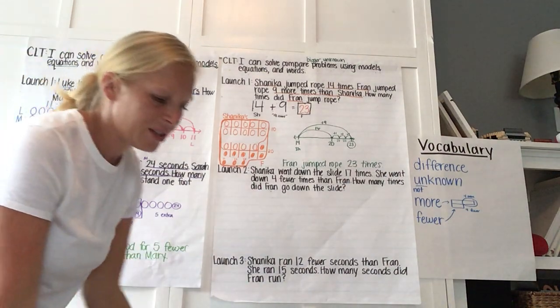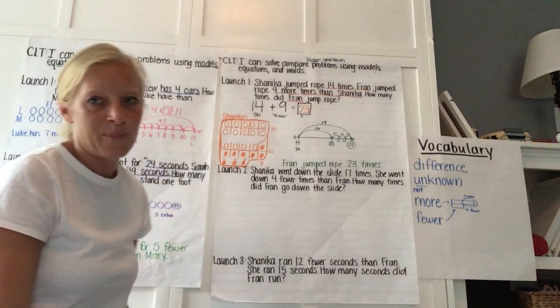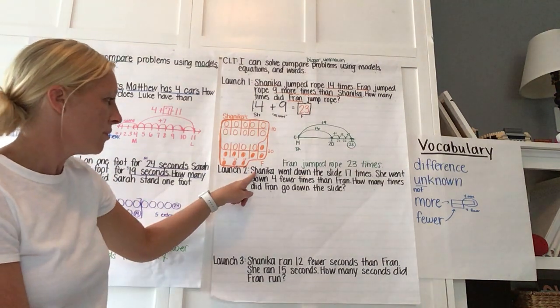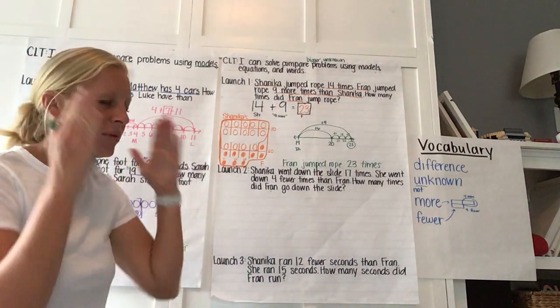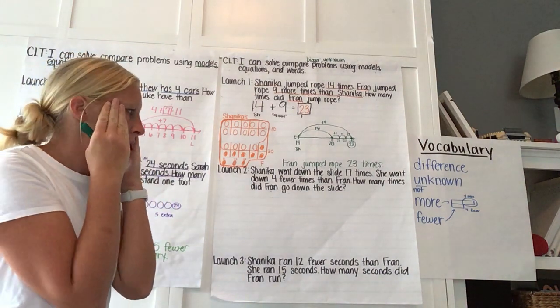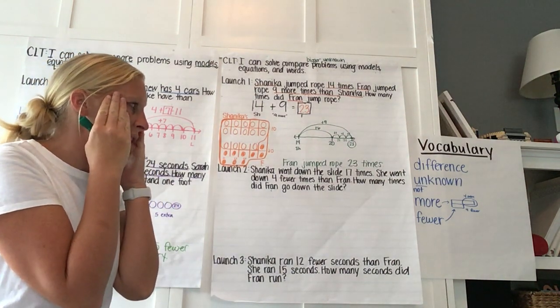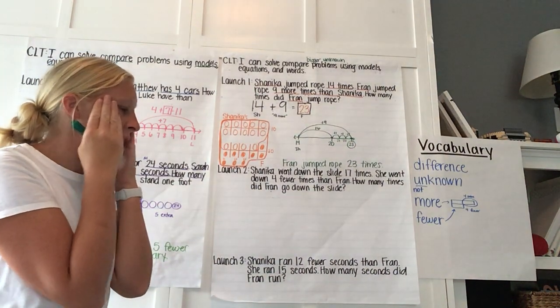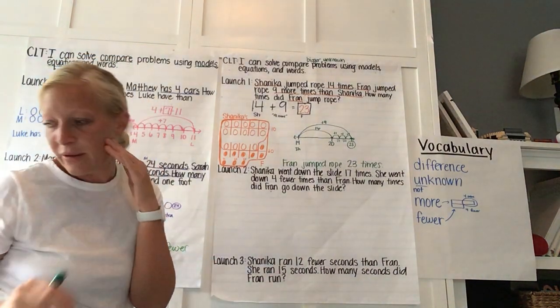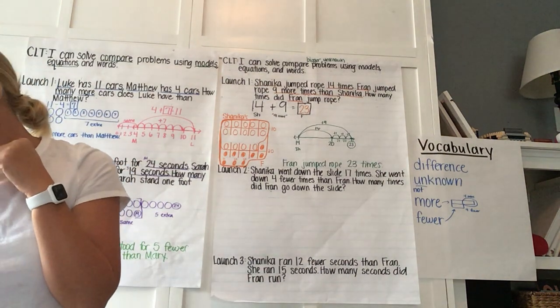Let's see if we can do the same thing. We're still talking about the same girls, different activity. Shanika went down the slide 17 times. Ooh, put that picture in your mind. She went down 4 fewer times than Fran. How many times did Fran go down the slide? Let's take a minute here.